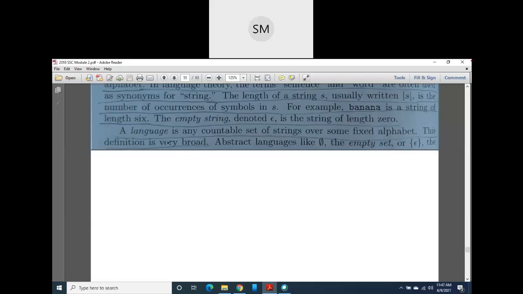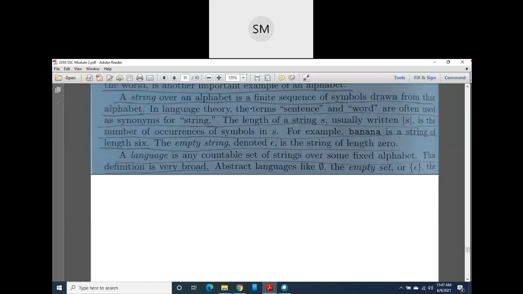Then, what is a language? In the English language, for example, it is composed of many sentences. Similarly here, a language is a set of strings. Just remember, observe my pronunciation and explanation, and keep observing my mouse cursor on screen. A string is a set of symbols.